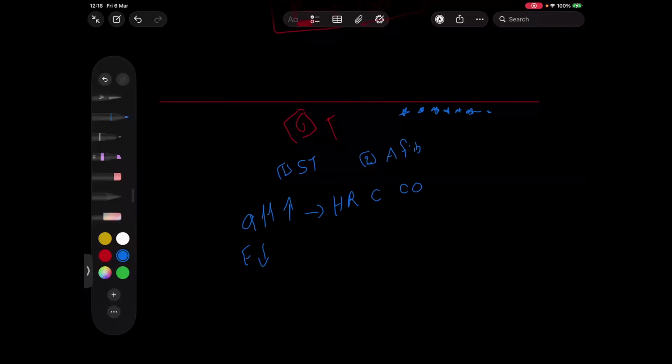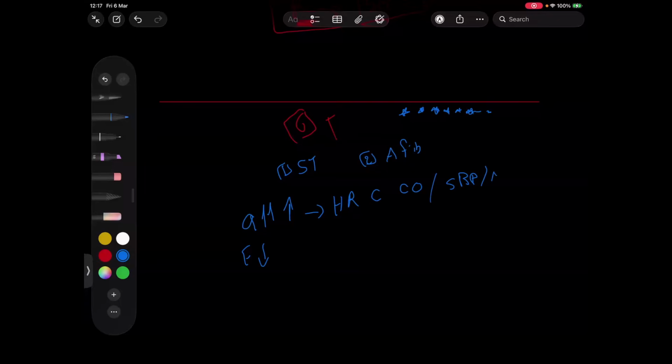Cardiac output, up. Systolic blood pressure is up, and the widened pulse pressure is going to be up. What else is going to be up?